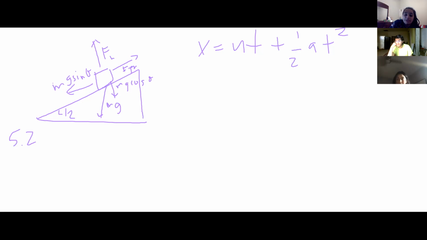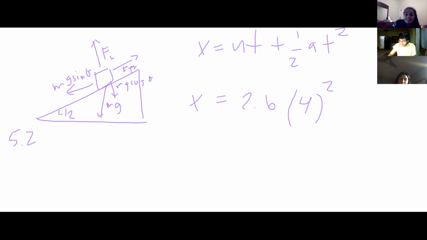So then u is 0, so we have x equals 2.6 times 4 squared. What is that? 16 times 2.6. Oh, sorry, 5.2 divided by 2.6. Sorry, my bad, I should have written that down.